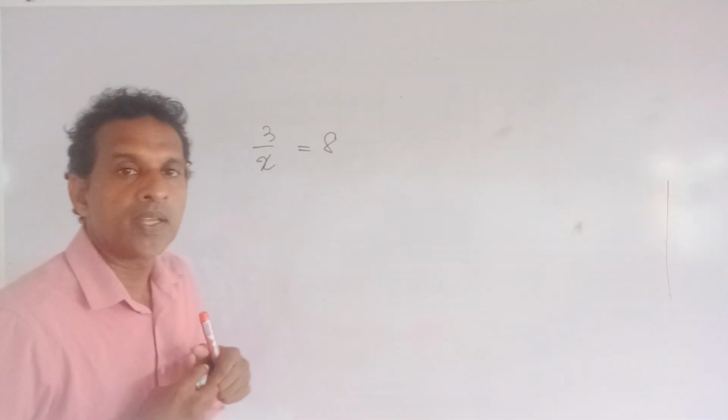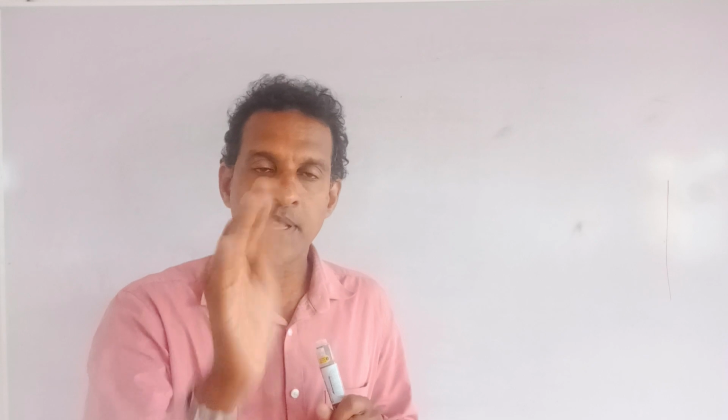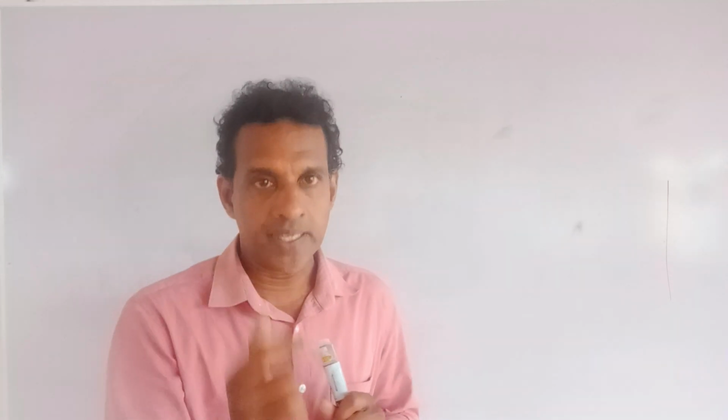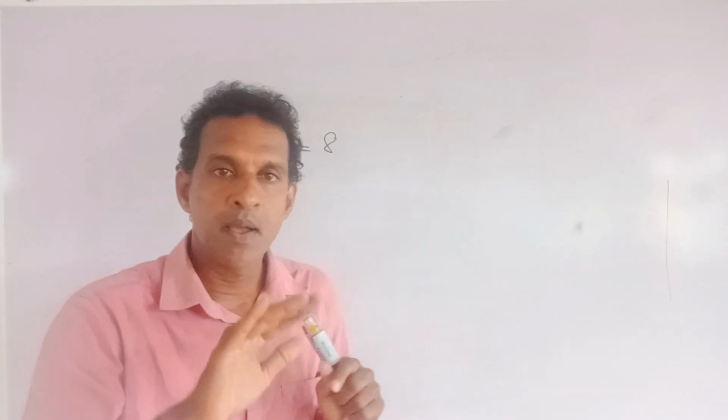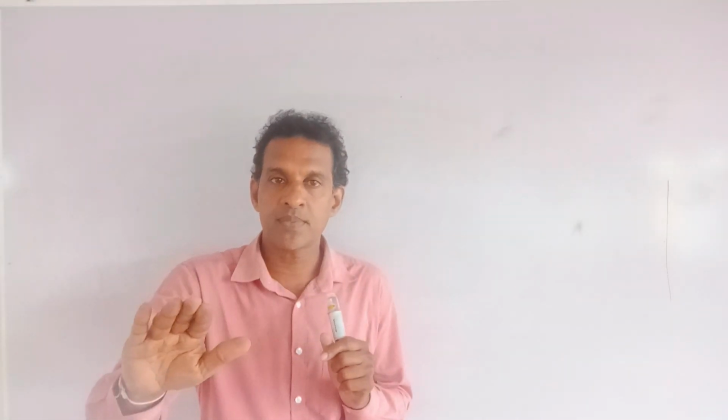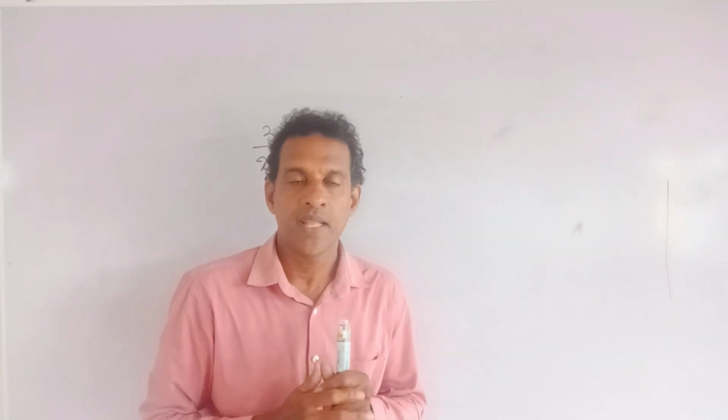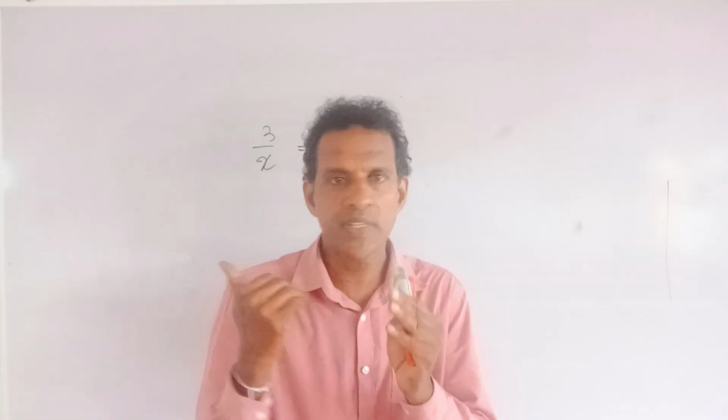So remember, when you see the variable in the denominator, again stick to that previous rule I may remind you: multiply all the terms by the denominator. That is easy. There are, as I mentioned, different methods to solve this as well.